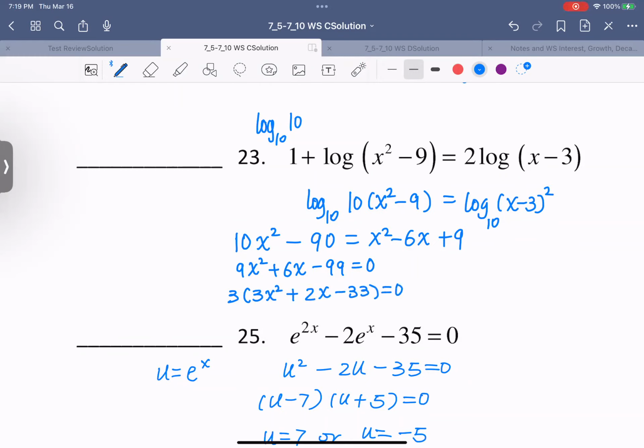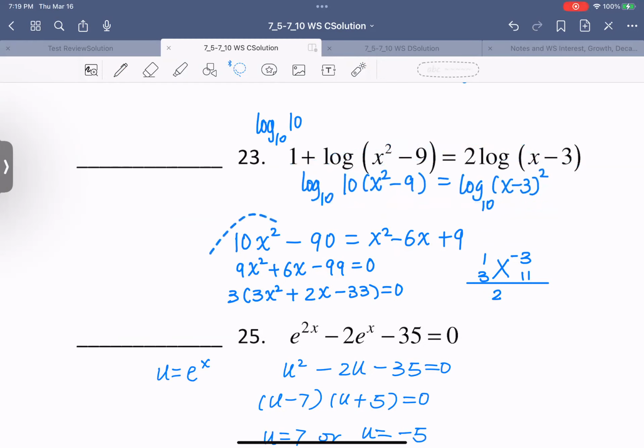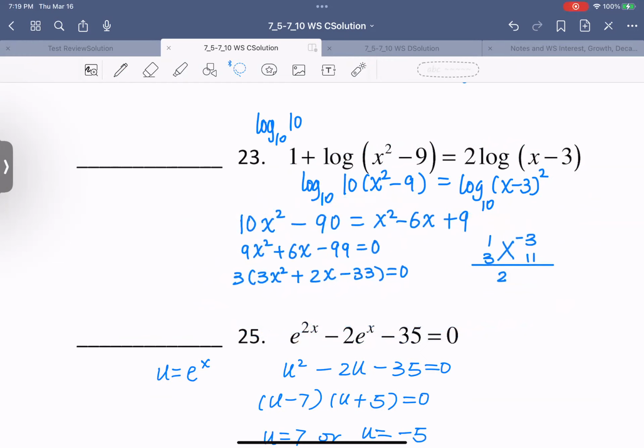And then -3 and then 11. This becomes 11 minus 9 equals 2. So that means we have x minus 3 times 3x plus 11 equals 0, right? X equals to 3 and -11 over 3.